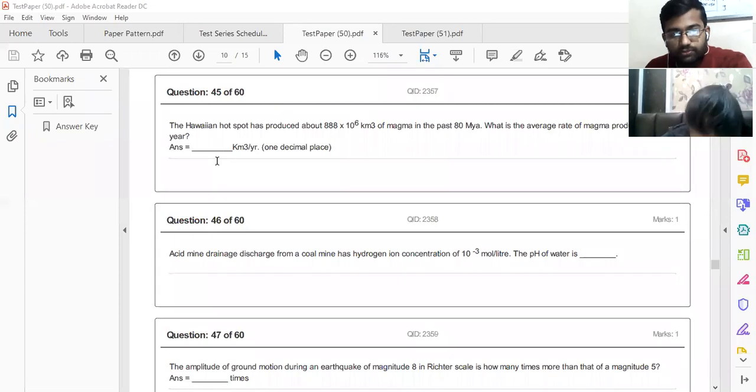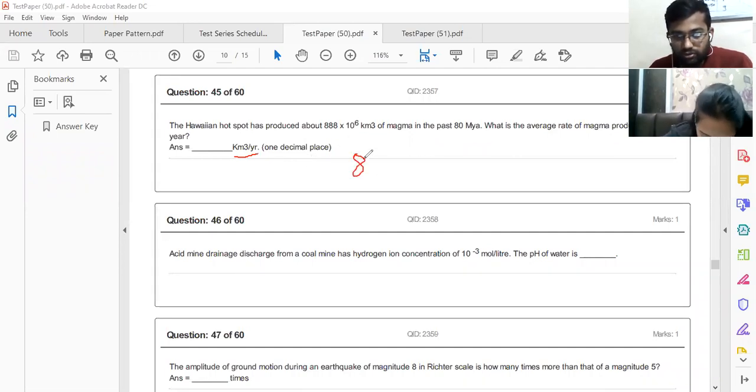One hotspot has produced about 888 multiplied by 10 to the power 6 kilometer cube of magma in the past 80 million years. What is the average rate of magma production per year? Okay, again you need to calculate the rate. Same, volume upon time, or you can calculate with the help of unit also.